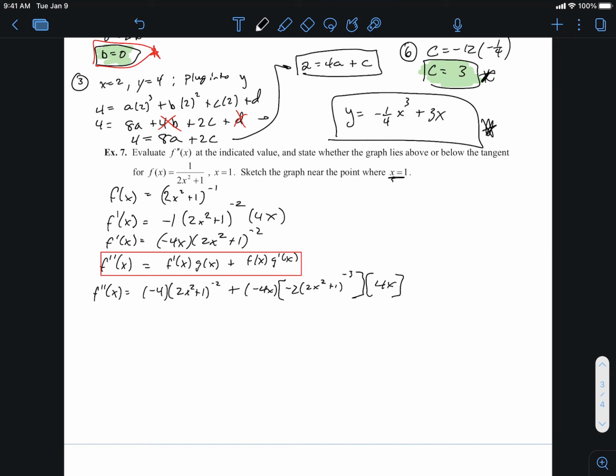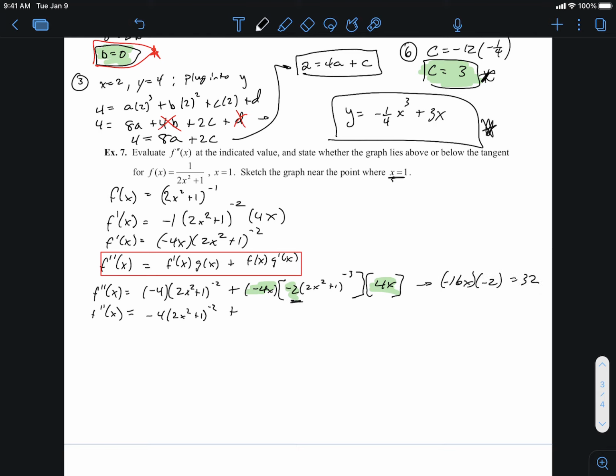So we can do a little bit of cleaning up here, right? We could say, okay, well, f double prime of x is going to equal negative 4 times (2x squared plus 1) to the negative 2, plus negative 4 times 4x, which is negative 16x, and then we're going to multiply that by the negative 2.